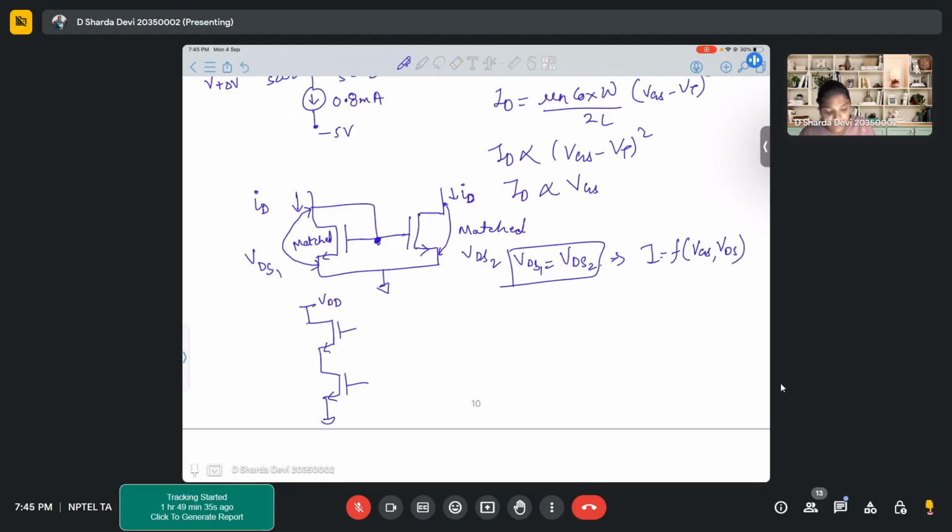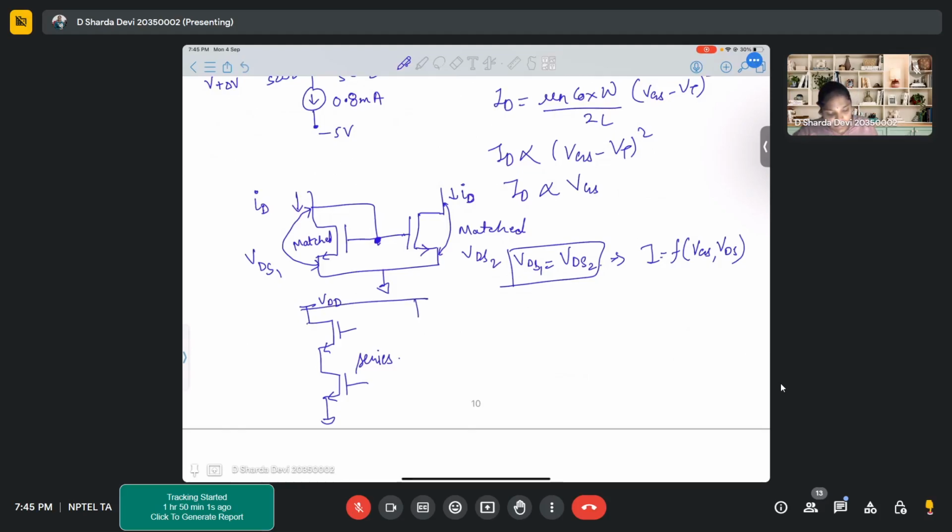But from VDD to ground, they are connected transistor by transistor. So this is series, correct? So the basic concept of series and parallel: in series, the current remains constant. In parallel, the voltage remains constant. So that is the basic idea. Here also we use the same idea.